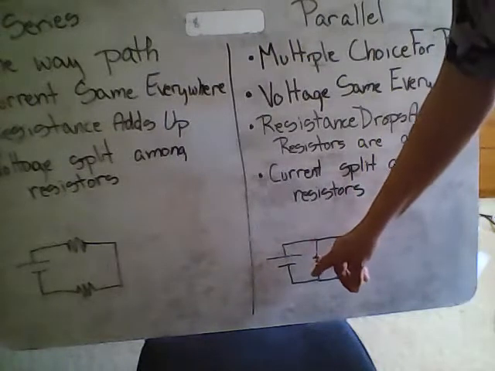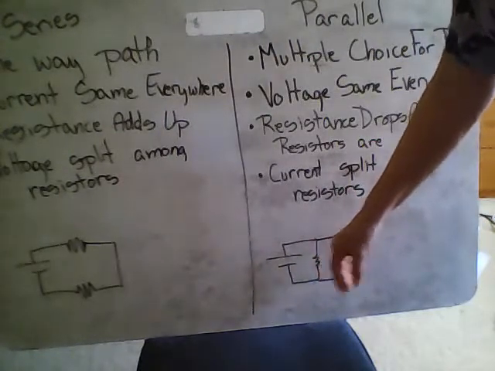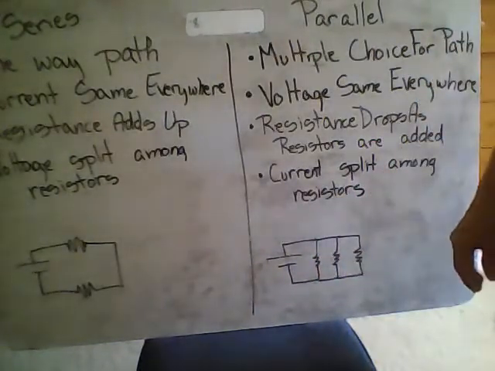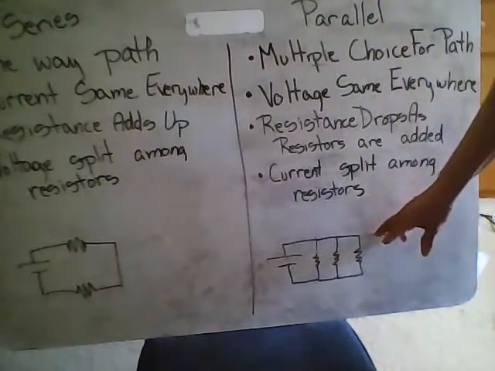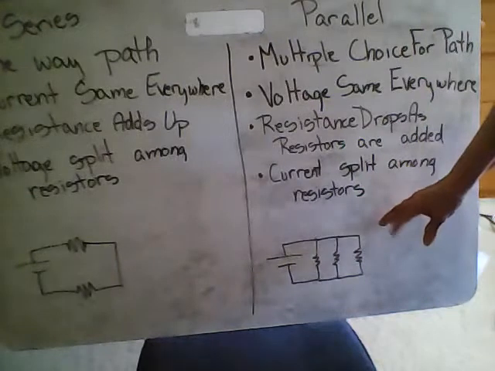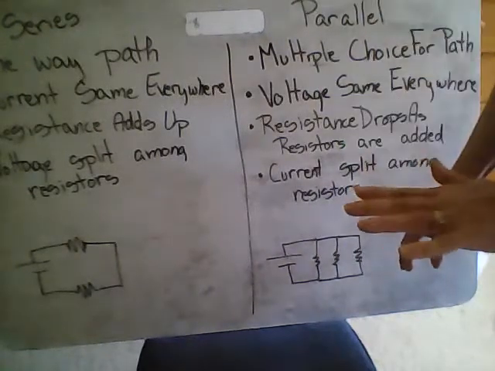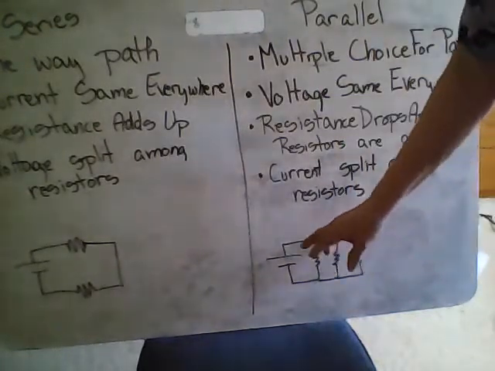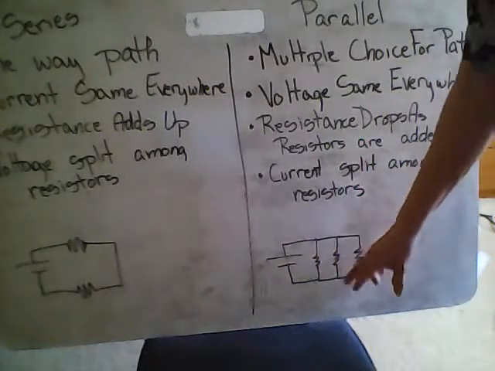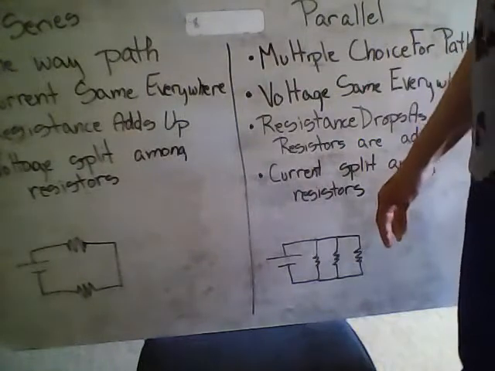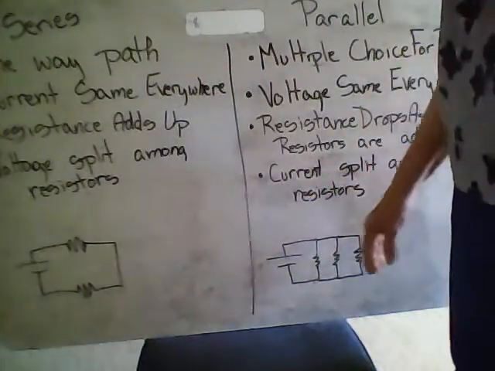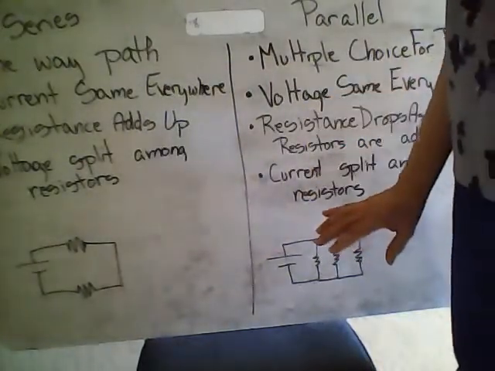So it's very slow going to get through the toll booth. But if two more gates open, now resistance drops and it's faster getting through the toll gate. So that's why when we're talking about a circuit, resistance is dropping.